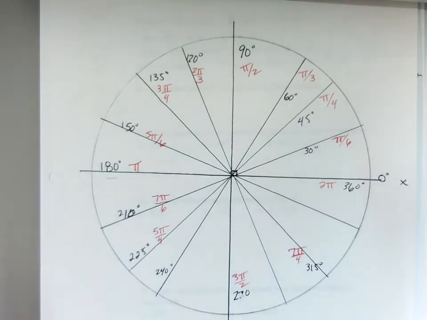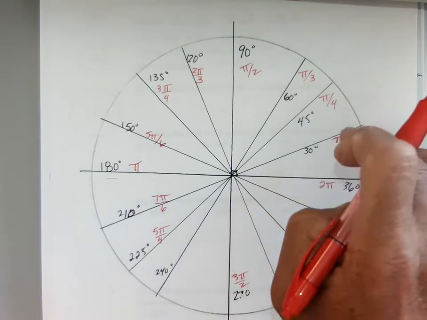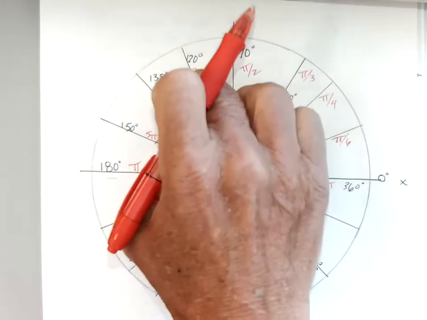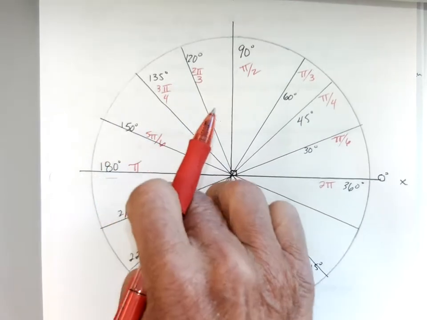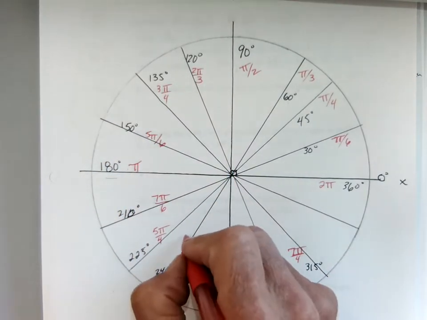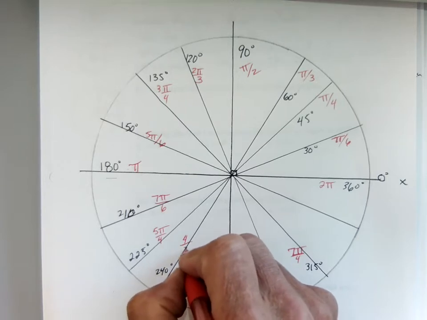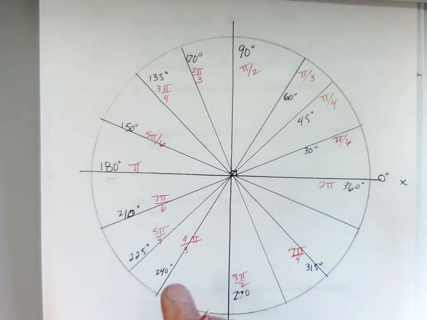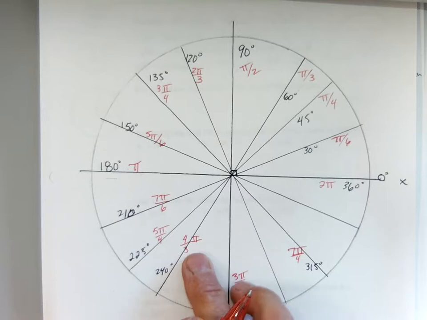And I'll have 1/6 up to 8/6, which reduces to 4 pi thirds as far as radians. Okay, it's an angle with two different names.